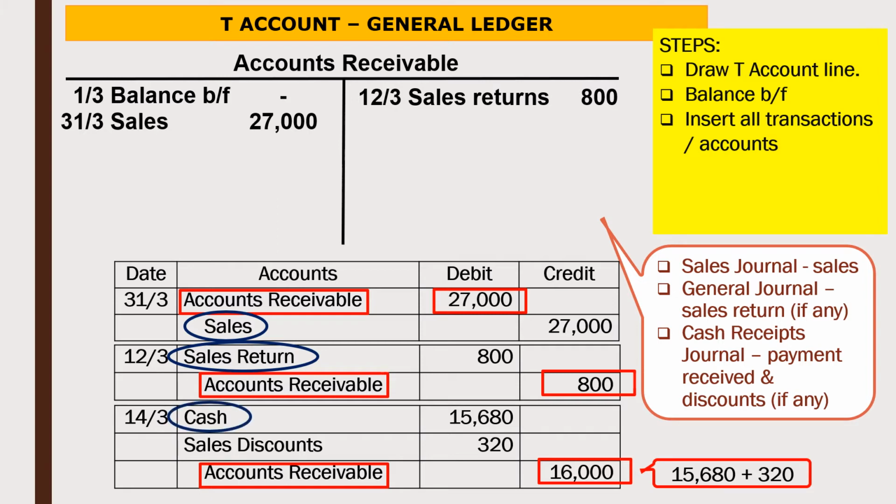That is cash 15,680. So write down on the credit side cash 15,680 on 14 March, and sales discount 320.